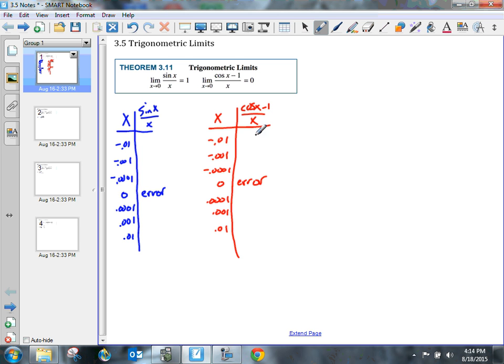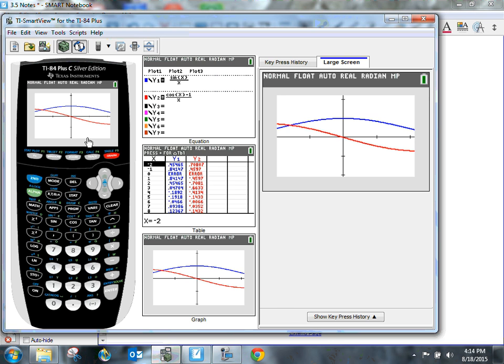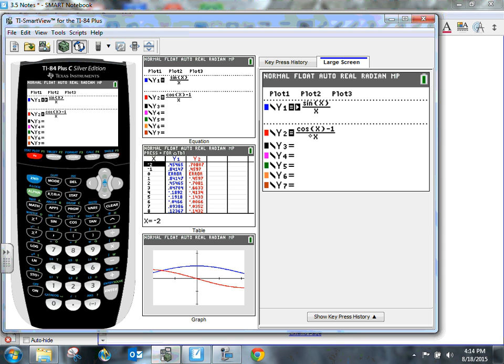And we're going to see what y values we get. So go ahead and plug both of those into your graphing calculator. I've already done that. If you want to, pause the video and take time to do that, please do so. But I'm going to take a look at the table real quick.